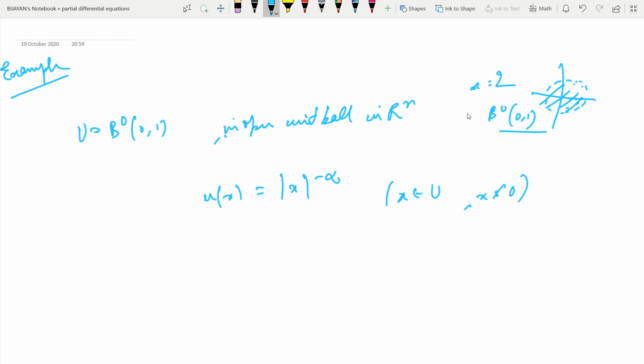Now come to the problem. Alpha greater than 0. For which values of alpha and p does u belong to W^{1,p}(U)?